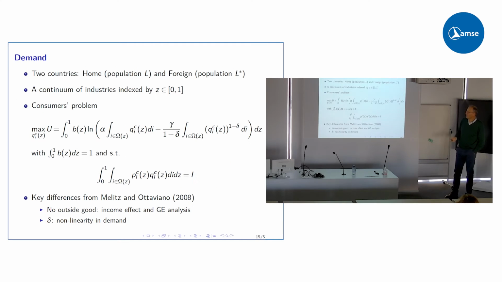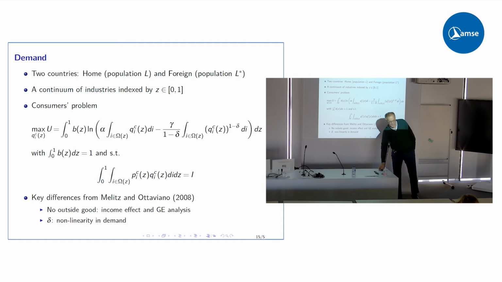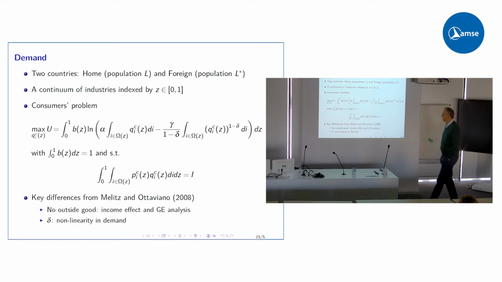So in the theory, much of this is fairly standard, except I want to spend some time on the utility, because this is going to play a role also in terms of the quantification. So this is, in a sense, a standard model of international trade. What is a standard model of international trade?